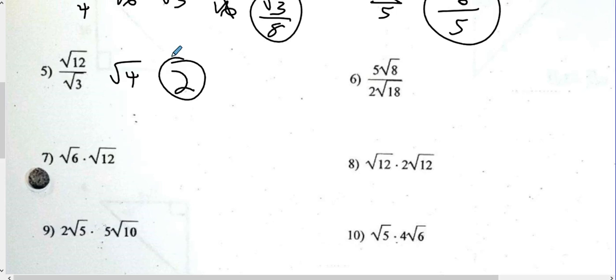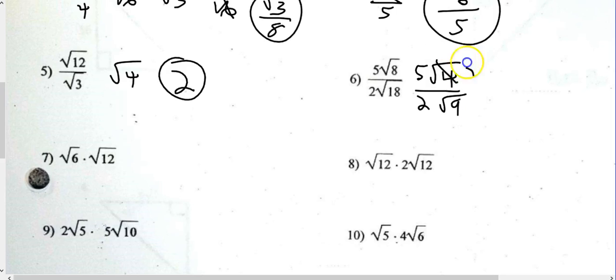All right, now this one is one where it does help to reduce. What goes into 8 and 18? 2. So what goes into radical 8 and radical 18? Radical 2. So if I divide radical 8 by radical 2, I get radical 4. And if I divide radical 18 by radical 2, I get radical 9. And look what I've got. 2 perfect squares.